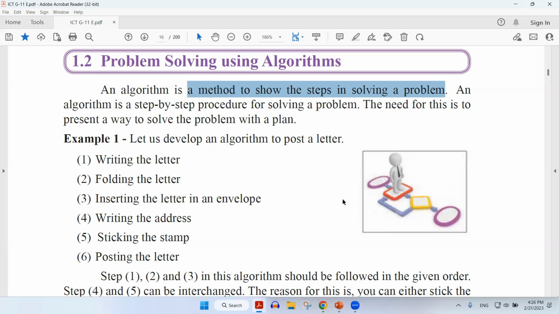If we are illustrating the algorithm in textual form, we call it a pseudocode, right? Pseudo means not genuine. A code that we create using a programming language like Pascal, which we are about to learn, is called a source code, which can be executed using a particular application.